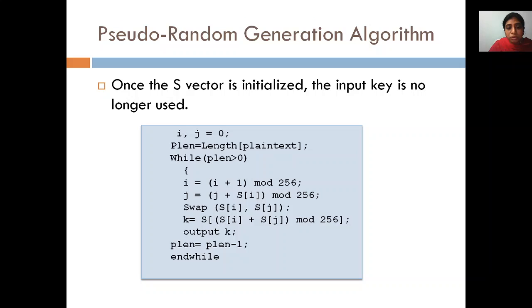We start with the i value, increment it, and take mod 256. Then j is j plus S of i, mod 256, then swapping. Then we compute the key value: S of i plus S of j, mod 256, and you get the output as k. Now this k value is XORed with the plain text to get the ciphertext values.